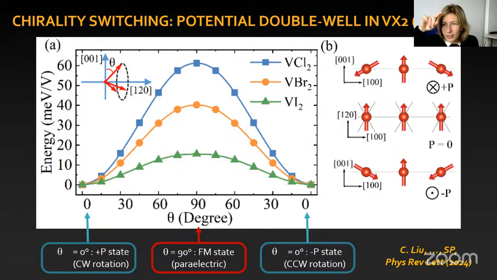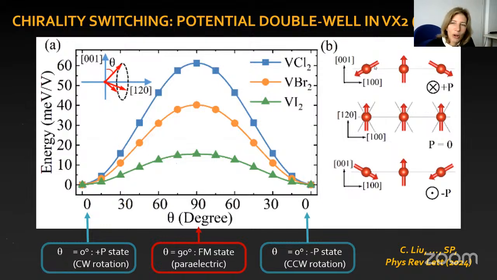Because these are improper ferroelectrics, the double well is not achieved by restoring centrosymmetry in the ionic positions and making the opposite displacement, but by changing the spin configuration. So we went from a clockwise spiral to a counterclockwise spiral through a paramagnetic, paraelectric state, which in this case is like a ferromagnetic state.